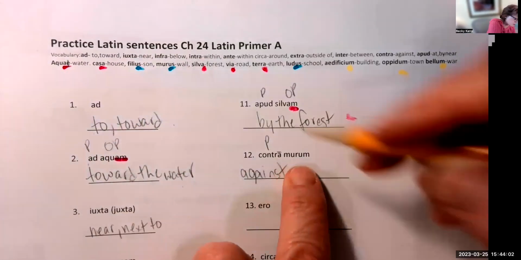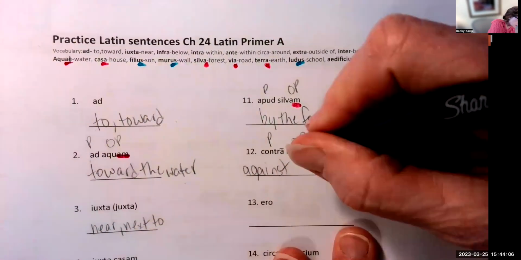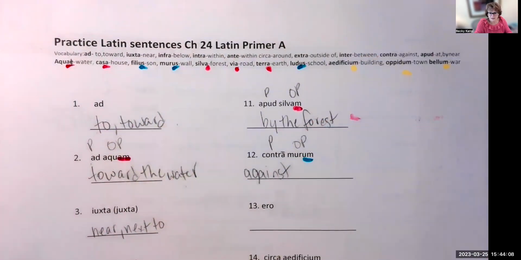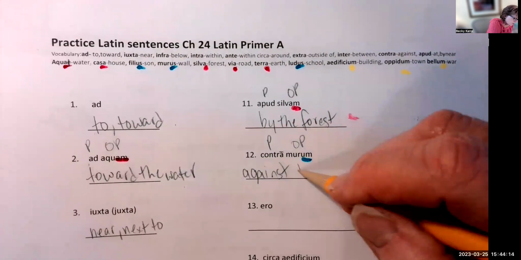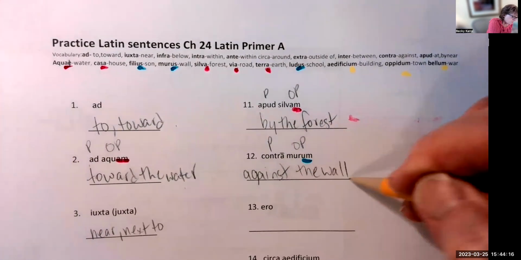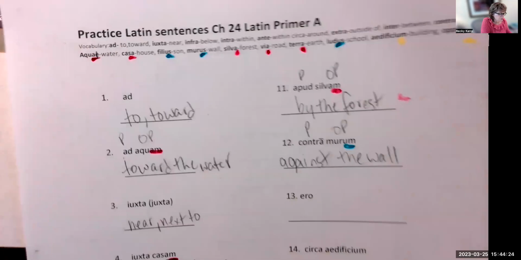So this is your object of the preposition. And it is second declension right there. And it is against the wall. See how it says wall there? Against the wall. What if it was against the walls? Then it would be the plural, OS. UM is singular, OS is plural.